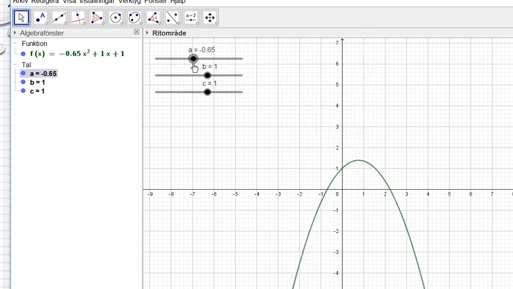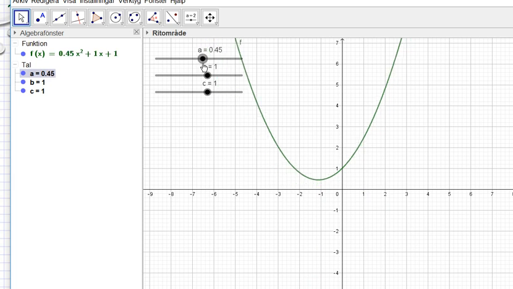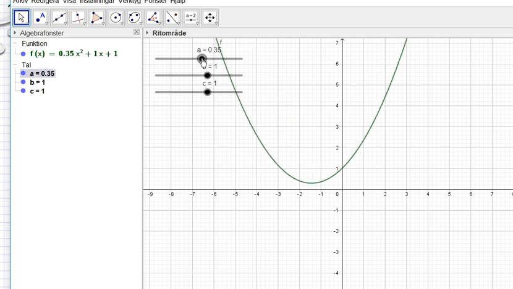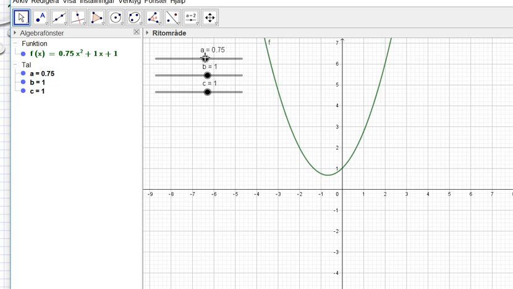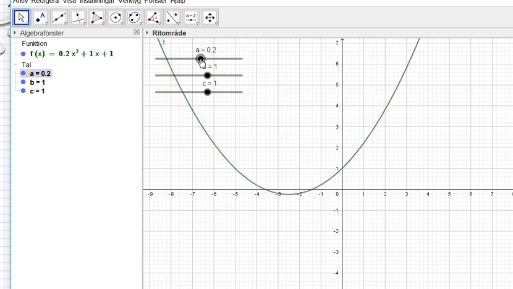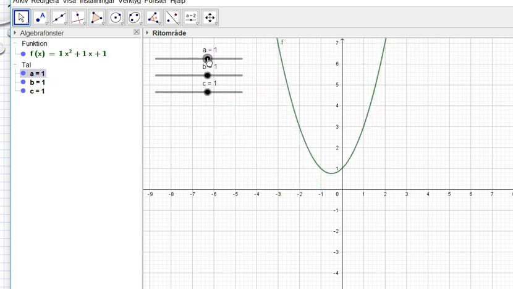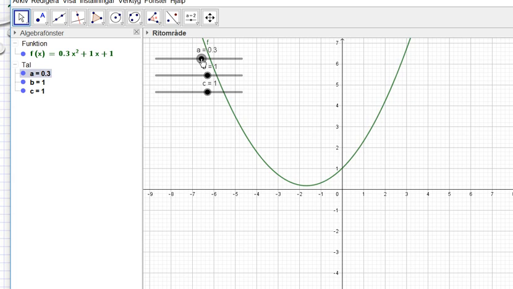When it is a very small number, both in positive and negative. Okay, maybe I can rephrase: if on the positive side you have a small number, then it opens wide.